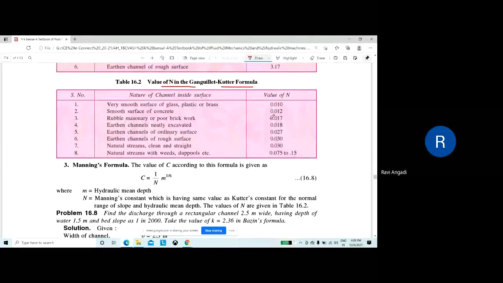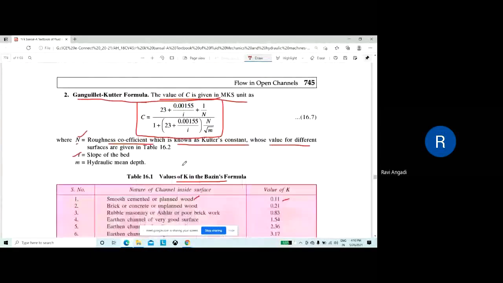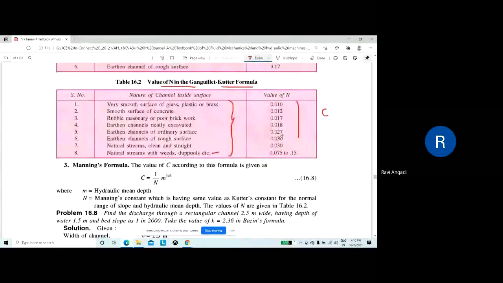The values of N are given here for various surfaces, like a very smooth surface of glass, smooth surface of concrete, rubble masonry or poor brickwork, earthen channels neatly excavated, earthen channel of ordinary surface, earthen channels of rough surface, natural streams clean and straight, natural streams with weeds, pools, etc. These are the values of N which will be given in the problem, but you have to utilize this value and calculate the value of C. So these are the different formulas used to calculate the value of C, and these values are utilized to calculate C, which you then substitute back in the velocity equation.